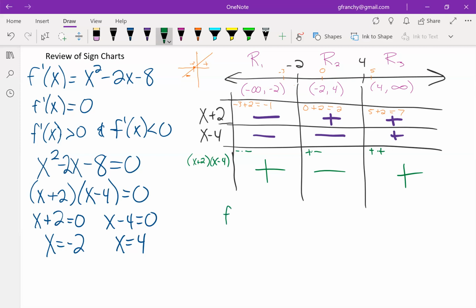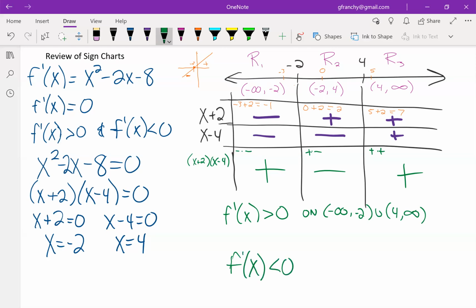So we know that our derivative is positive or greater than 0 on negative infinity to negative 2 open interval, as well as from 4 off to positive infinity. We know that our derivative is negative on the interval from negative 2 to 4, the open interval.